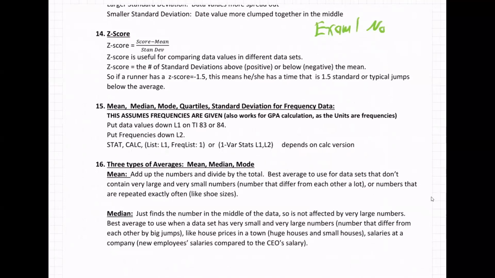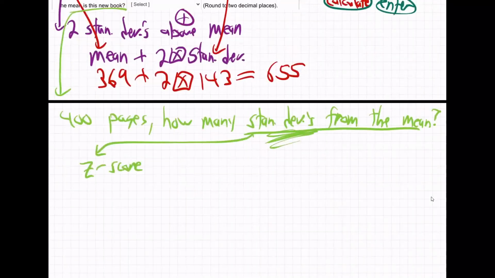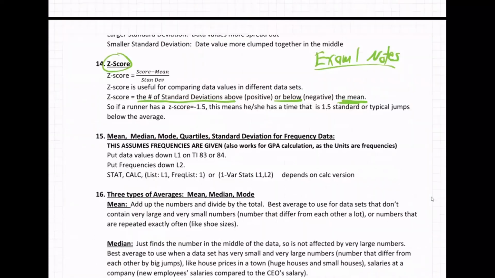So exam 1 notes, z-score. And see what it says right here? It's a little hard to tell. It means z-score is the number of standard deviations above or below the mean. Do you see that? And that's what they're saying here. Standard deviations from above or below the mean. So you go, oh, z-score, z-score.